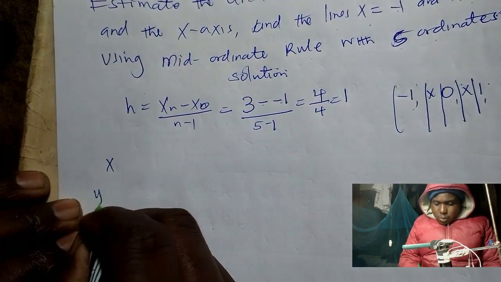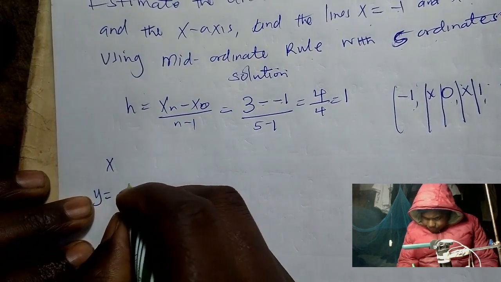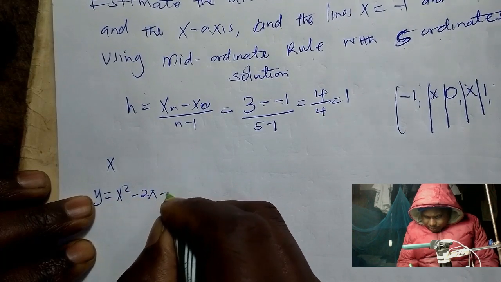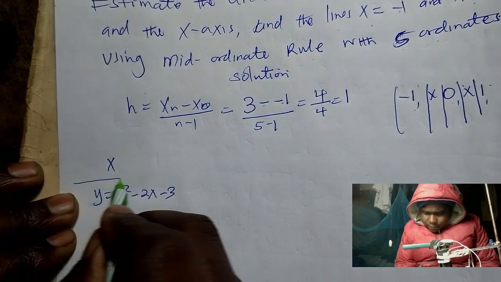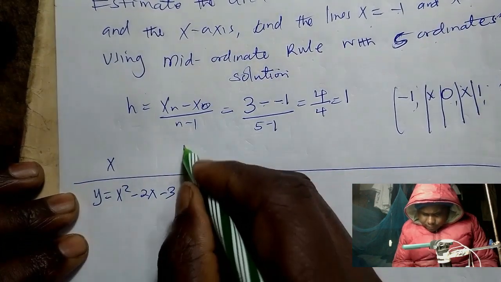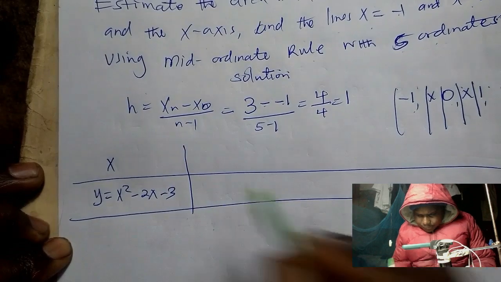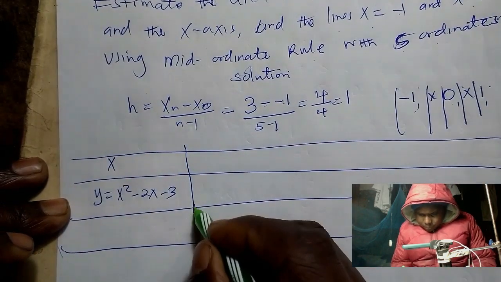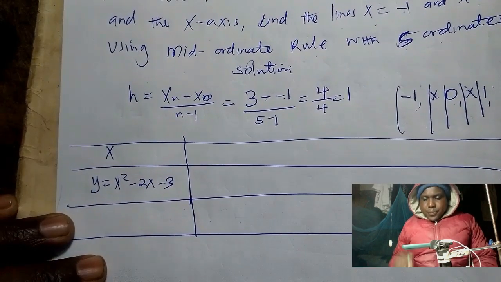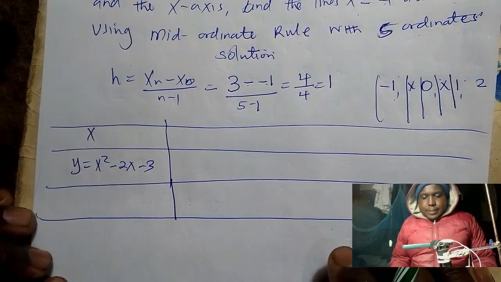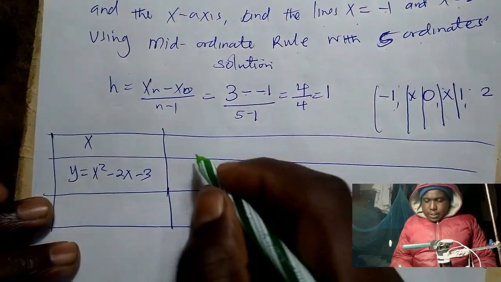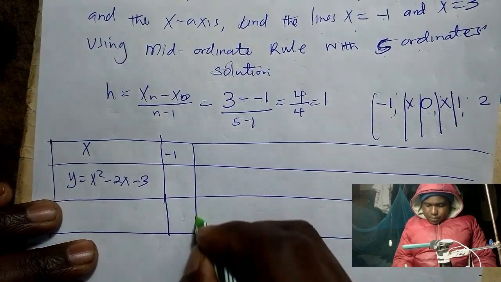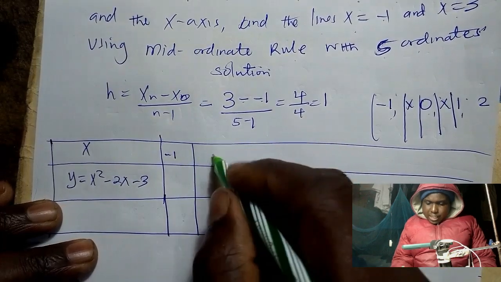X, y is equal to x square minus 2x minus 3. Our first x starts at -1. We don't need that. What we need is the ordinate here.